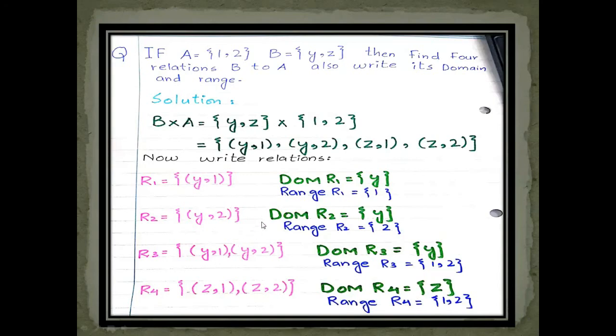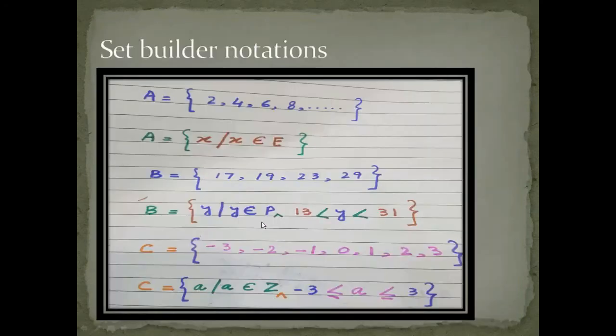Now, a student requested me yesterday to describe this topic again, that is set builder notation. So here I took some examples to describe it. A is equal to 2 4 6 8 and so on. As you all know, 2 4 6 8 are even numbers.